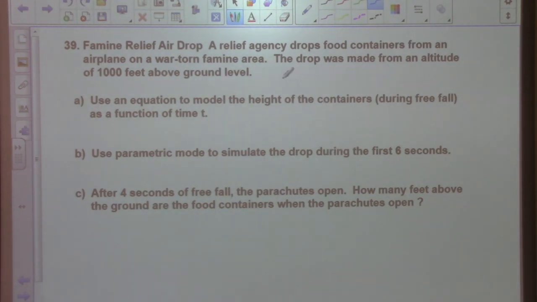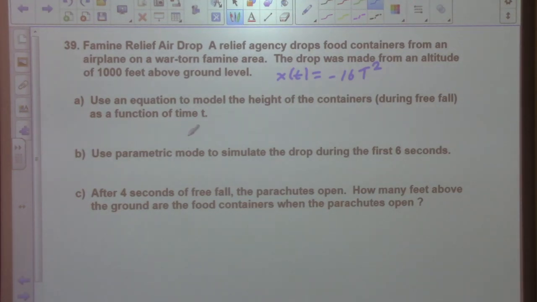Well, position is going to be negative 16t squared. So we'll put an x of t equals negative 16t squared. Has anybody ever seen that? We've seen it in this class. If you've been in this class, especially first semester, you've seen it, because we do talk about that.